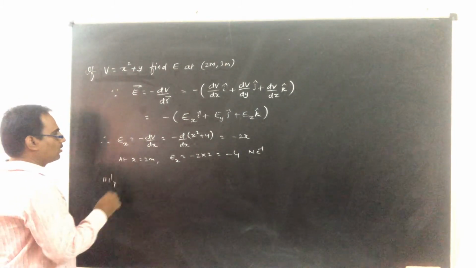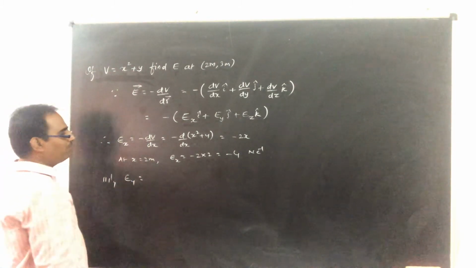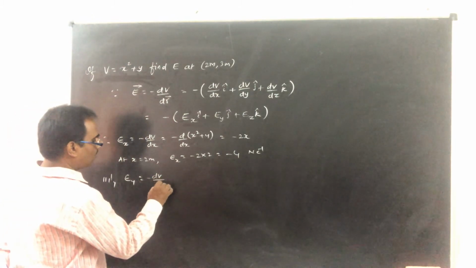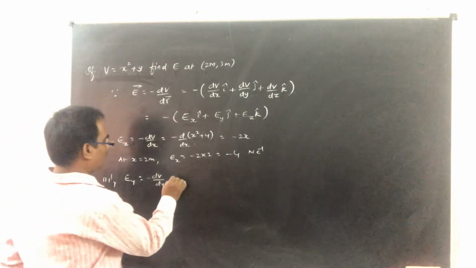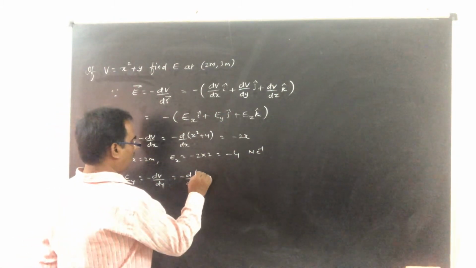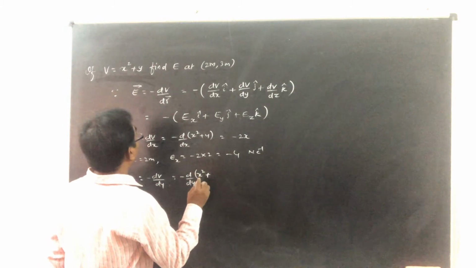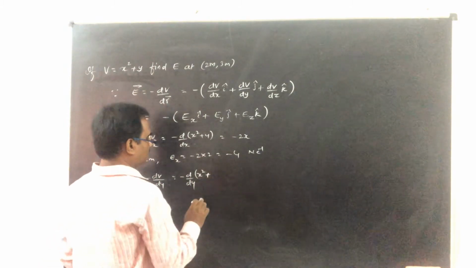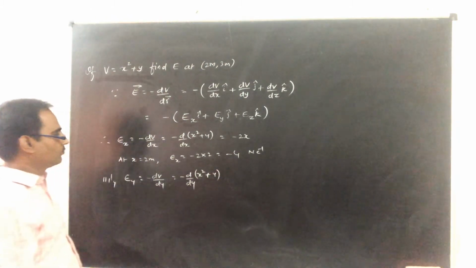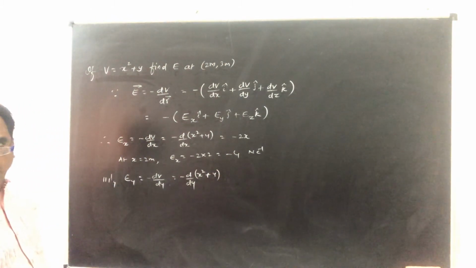Similarly, Ey is minus dV by dy. That means minus d by dy of x square plus y.